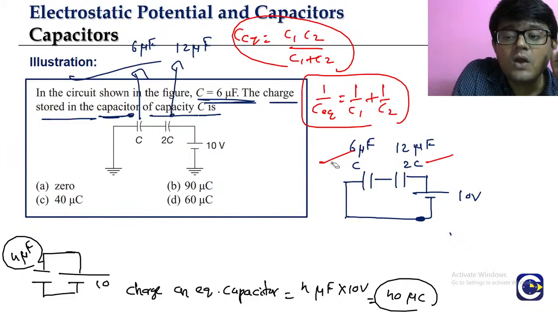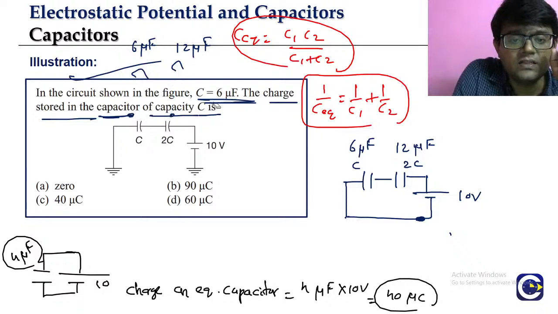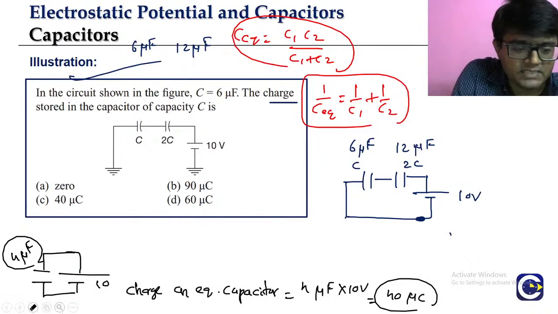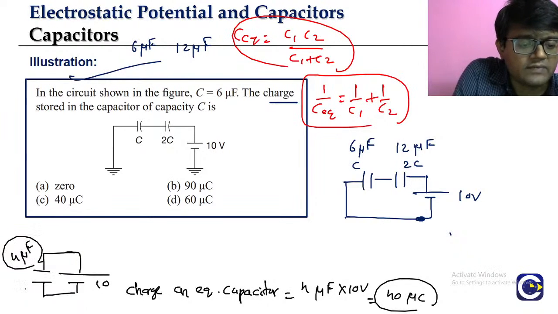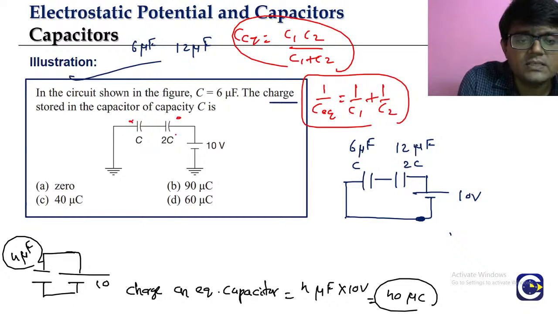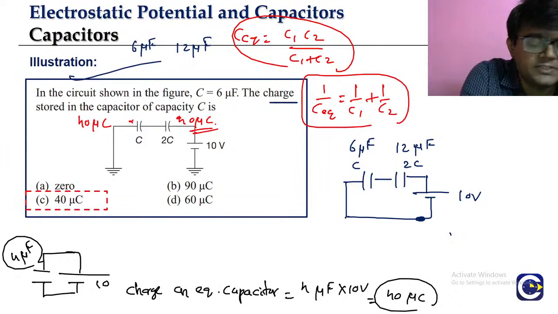They are asking the charge on the capacitor C. Not only the capacitor C, both of them will have the same charge. On C the same charge, on 2C the same charge. What is it? 40 microcoulombs, because they are in series combination, they both will have the same charge.